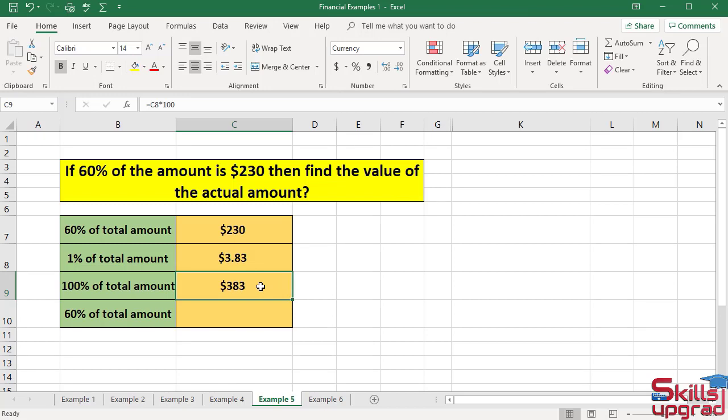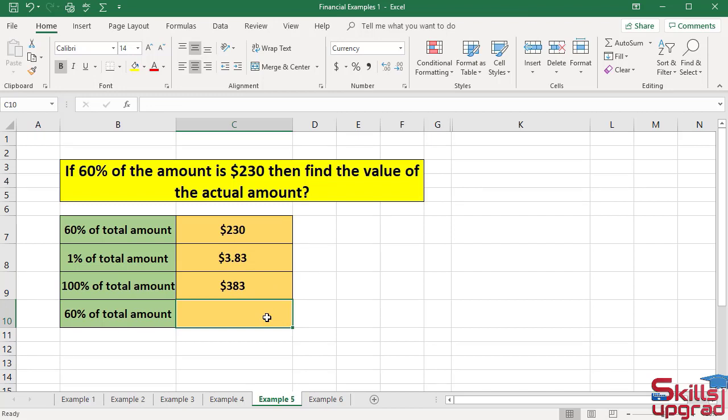This amount is called actual amount. 60% of total amount is $230 and 100% of total amount is $383. To check this amount whether it is correct or not, again calculate the 60% of that amount.